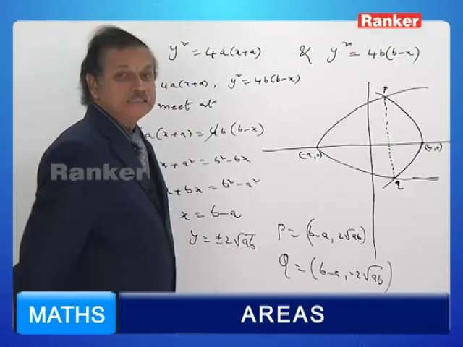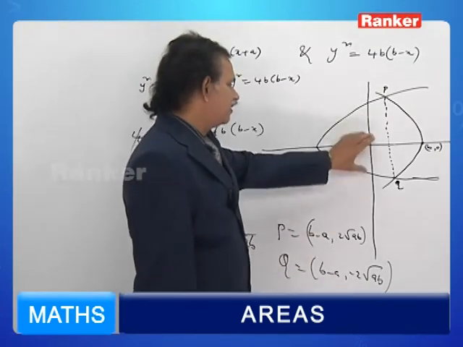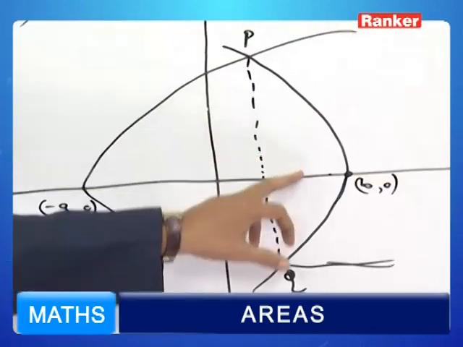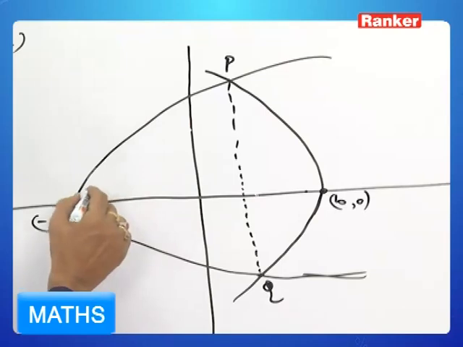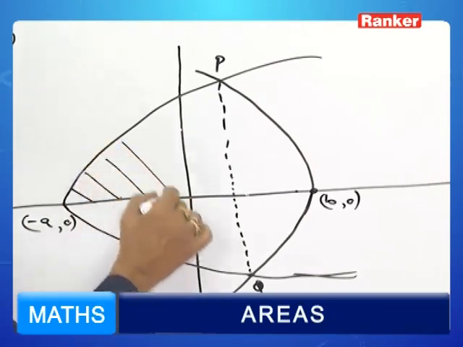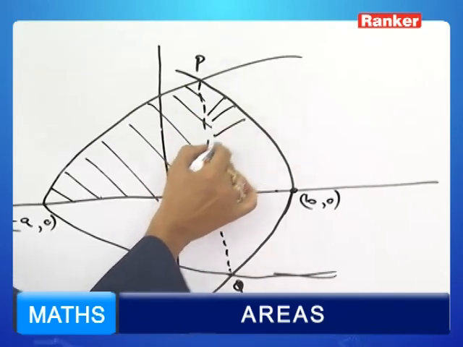Of course, by the symmetric nature of the two parabolas, this area and this area are same. Even though you require this entire area, we just find this area and this area.